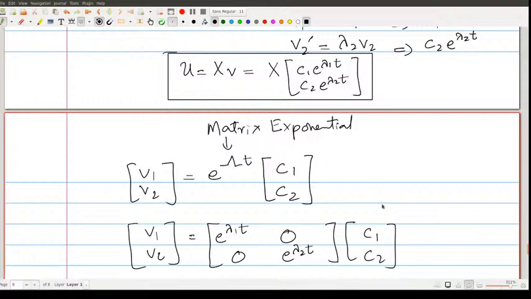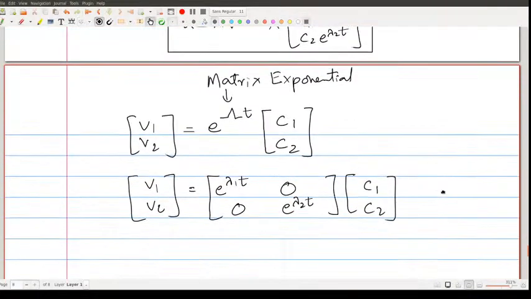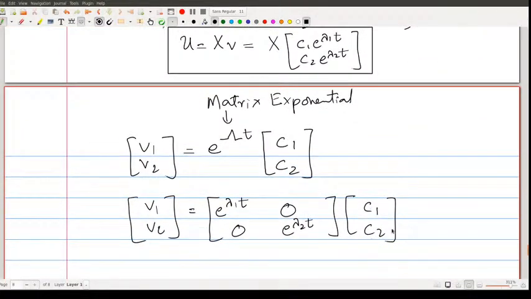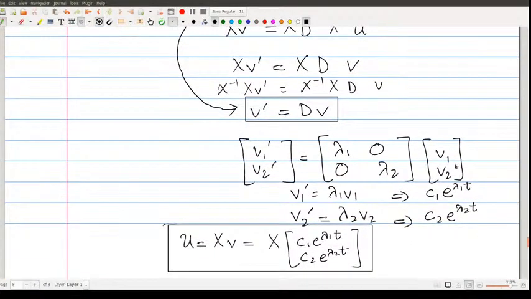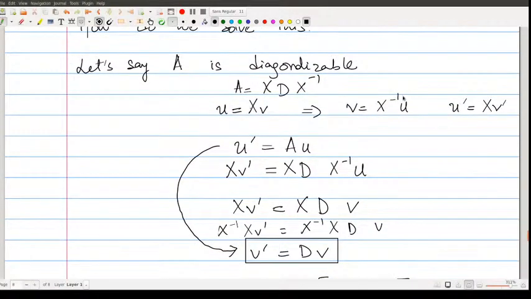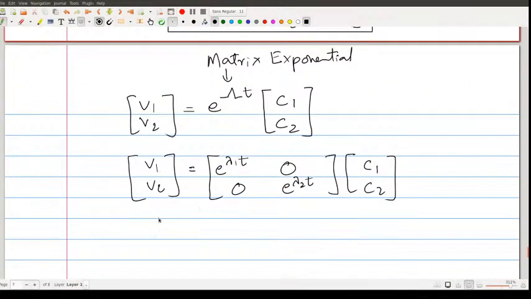Furthermore, how did we get this c1, c2? How did we get this v1, v2 actually? This v1, v2 was given to me by x inverse u, right? So what's really happening is this whole equation can be written as u1, u2, since I need to multiply by x here.